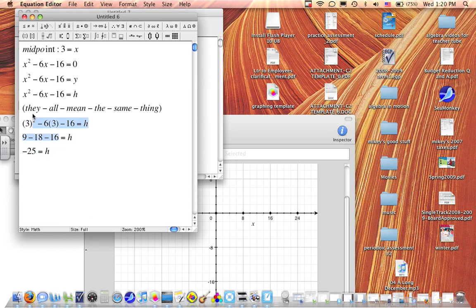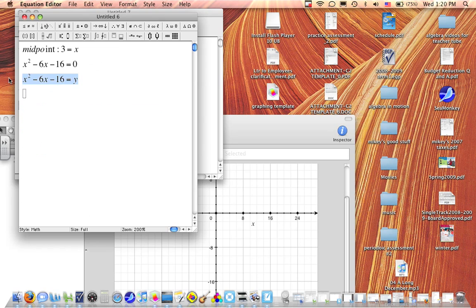So let's go back and examine what's going to happen at x equals 3 in this equation. Don't forget, we found the intercepts because we made y equal to 0. So when you see x squared minus 6x minus 16 equals 0, what it's really equal to is y. We replaced y with 0, and we just didn't say anything about it.